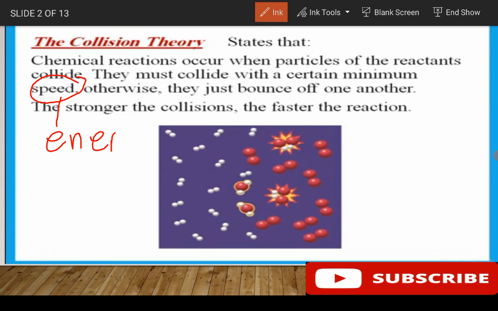Minimum energy. If you go back to Form 3 chemistry, this energy which they have to collide with is what you call activation energy. Activation energy.